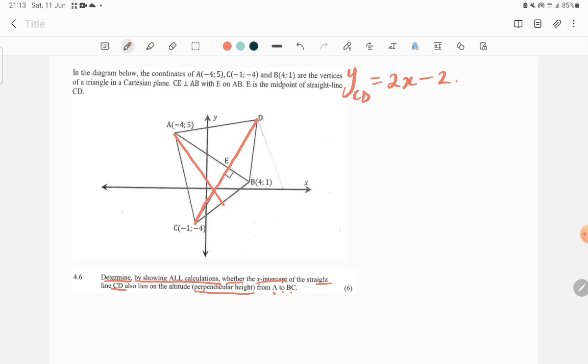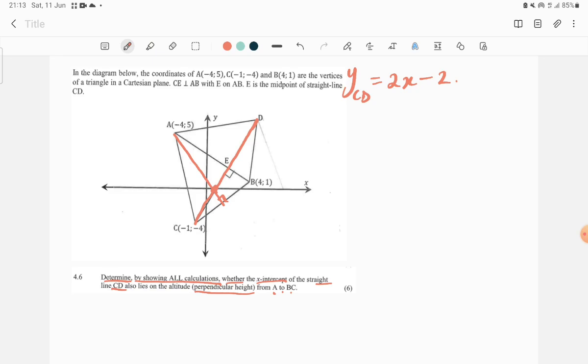You are determining whether these two lines have the same x-intercept. They look like they do have the same x-intercept, but we need to figure it out by showing calculations.